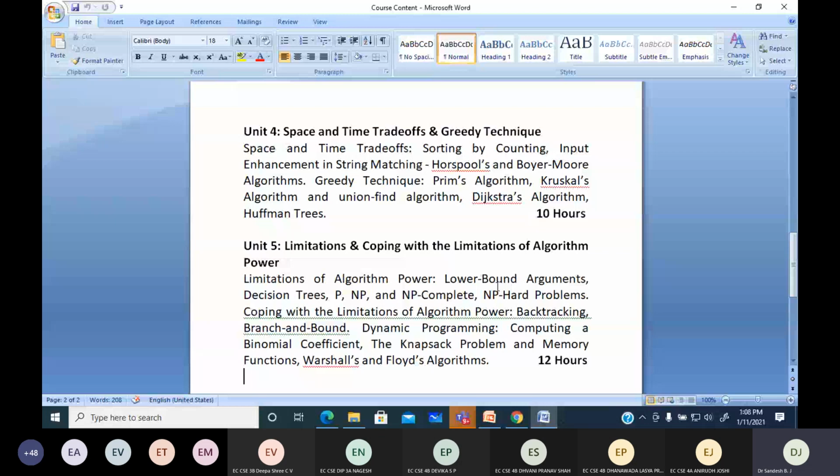You will also see dynamic programming and backtracking techniques, and the knapsack problem is discussed, as you can see, in unit 5. Also, you are going to discuss some other techniques as well.